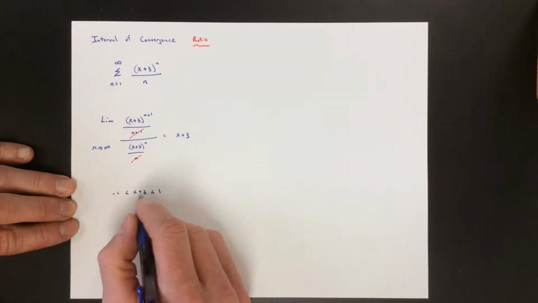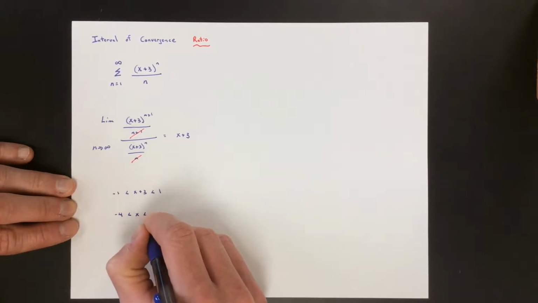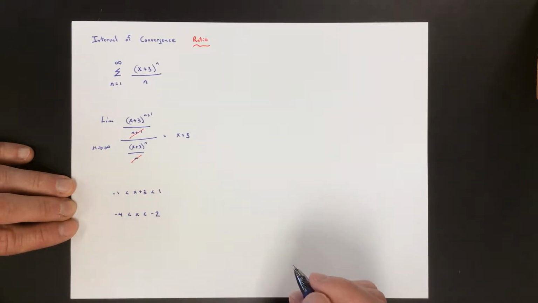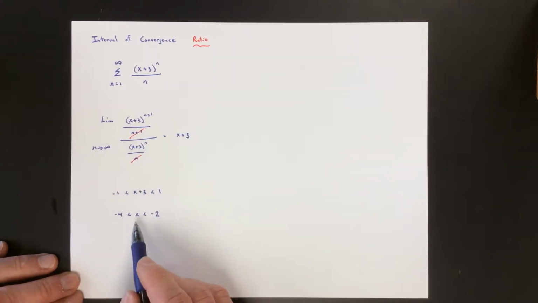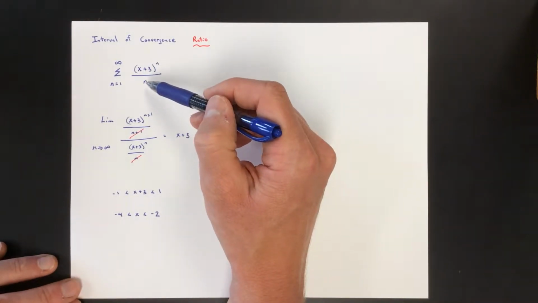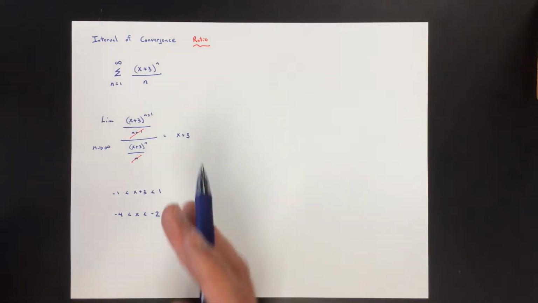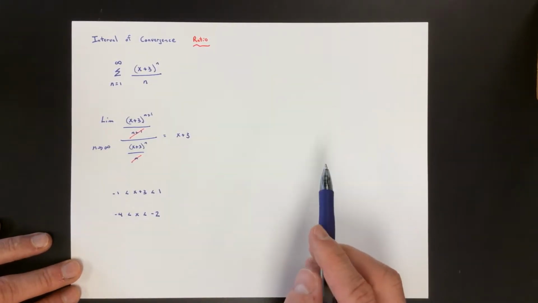And we can subtract 3 from everything and get this. And we're getting close. So what we've said is the ratio test says that as long as x is between negative 4 and negative 2, this series will produce a limit that's between negative 1 and 1, so it's going to converge. But now I need to look at the endpoints.